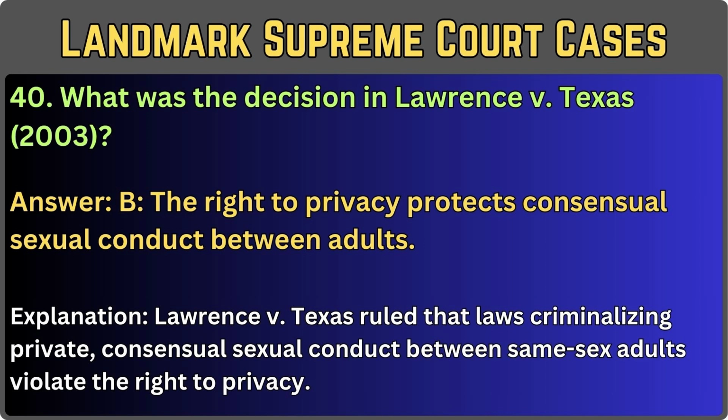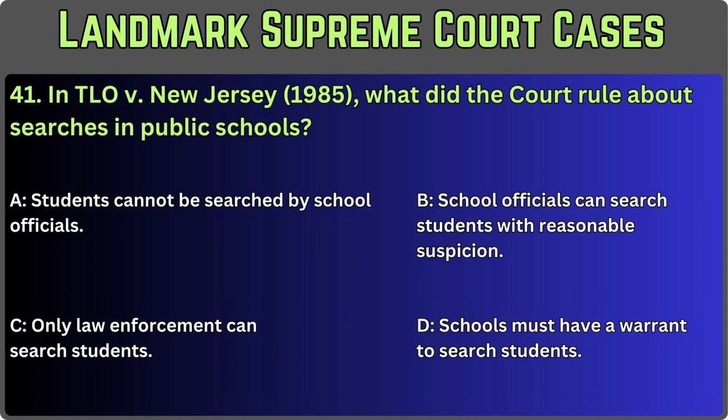41. In TLO v. New Jersey, 1985, what did the court rule about searches in public schools? A. Students cannot be searched by school officials. B. School officials can search students with reasonable suspicion. C. Only law enforcement can search students.